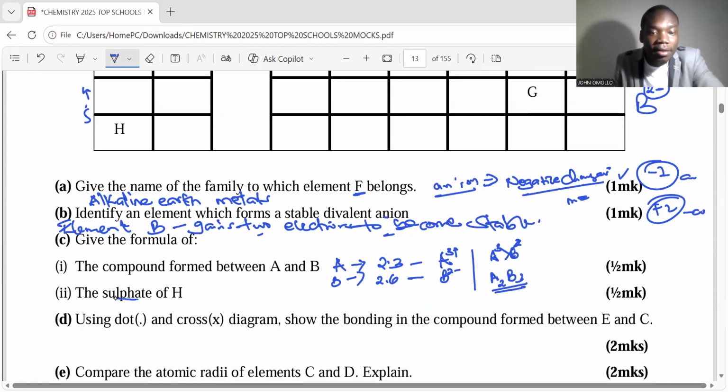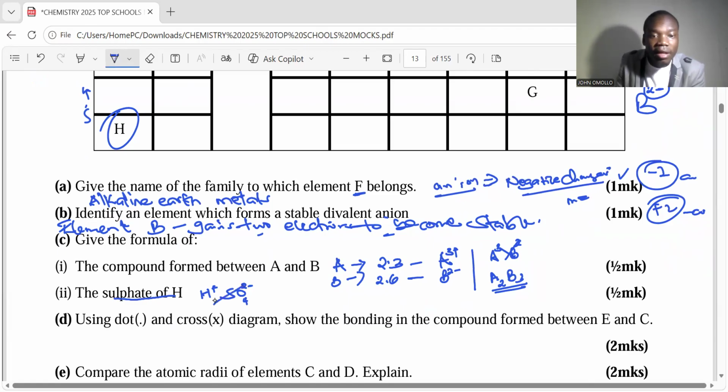The sulfate of H. H belongs to group 1, period 5. Groups will always give us the charge. So it is going to have a positive charge. It is going to lose 1 electron because it belongs to group 1. Sulfate is written that way.